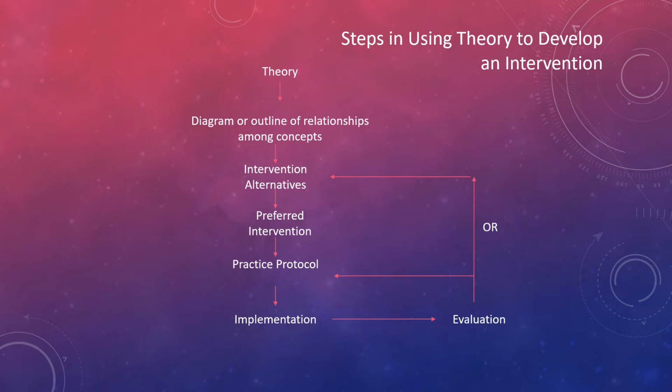So you decided, after you looked at all of the different interventions to choose from, to go with one. It didn't work, so you try out another. So this is an iterative, circular pattern until you, like the nursing process, determine that the intervention has been successful. So having a theory grounding is a really critical part of planning an intervention.